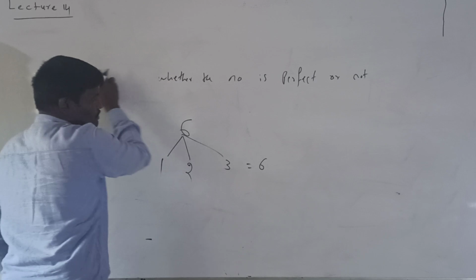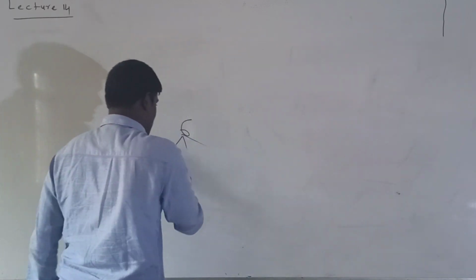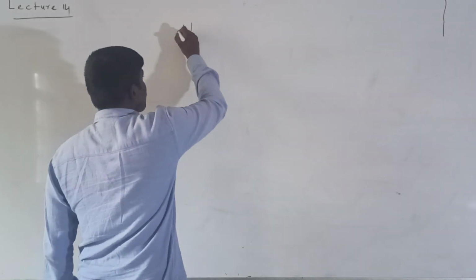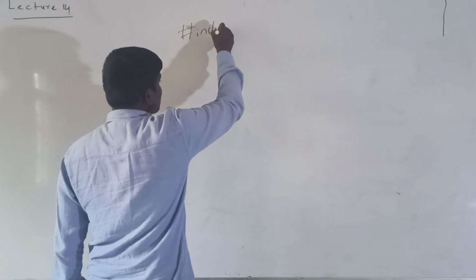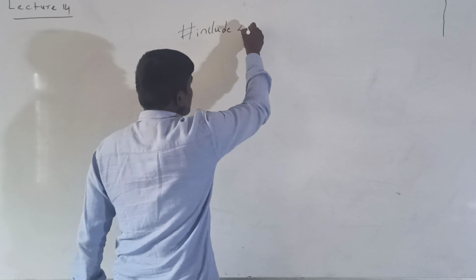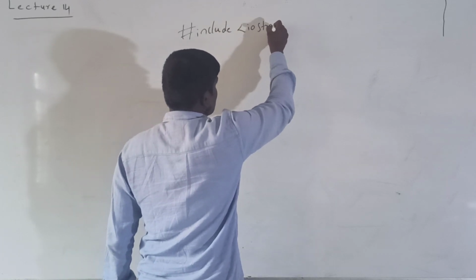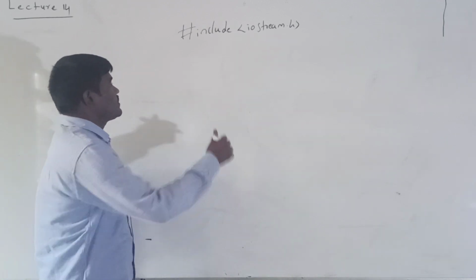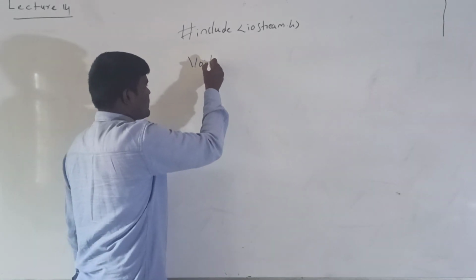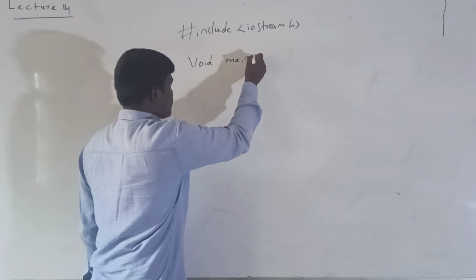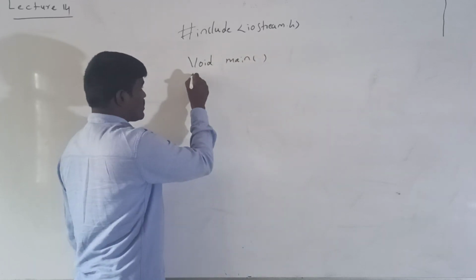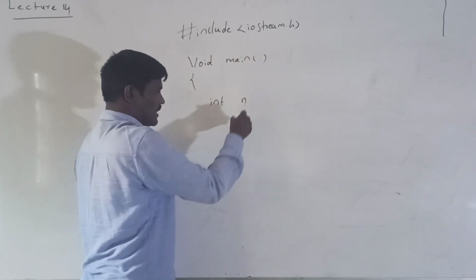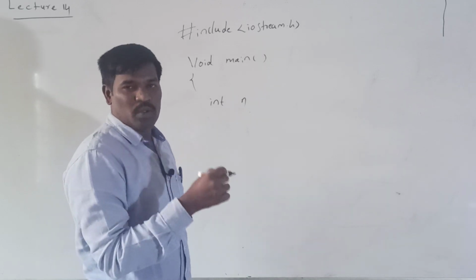So how to start the program? The first line is hash include iostream.h. So next you can write void main, next int n for inputting.